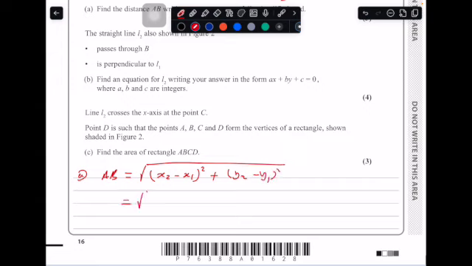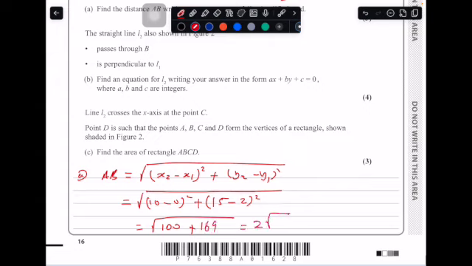So it's square root of 10 minus 0, and 6 minus 2, all squared. So we have a square root of 100 plus 16, 116. So it will be 2 root 29.